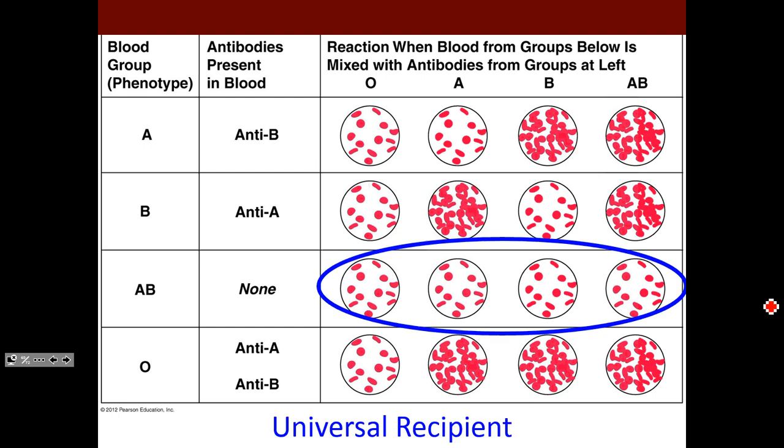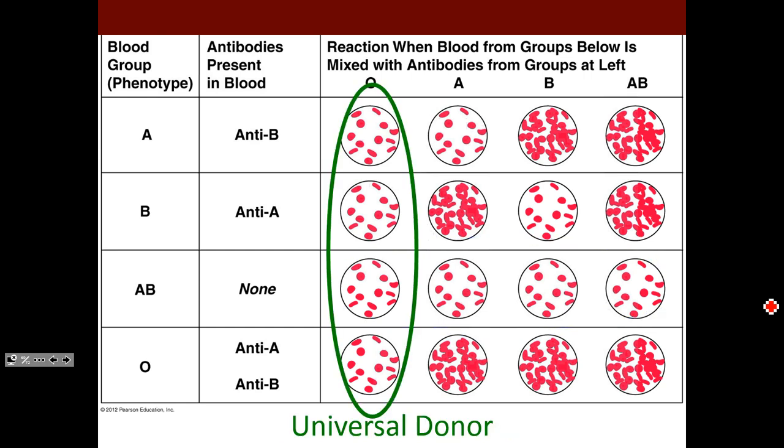So that means that AB is the universal recipient. They can receive any blood, type A, B, O, or AB. And O is the universal donor because it doesn't have a reaction with any of the antibodies produced by A, B, or AB. Okay, so this is just for fun because people always ask which is universal donor, which is universal acceptor. I won't ask you that on an exam.